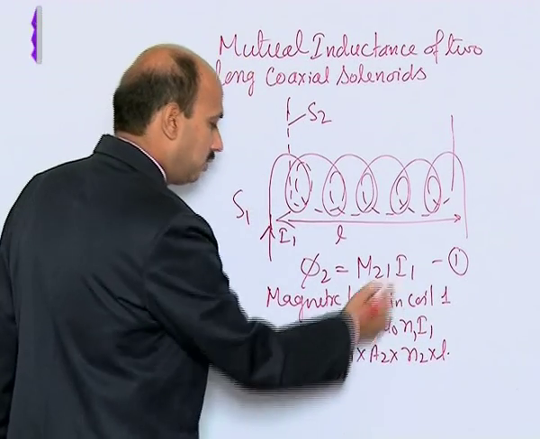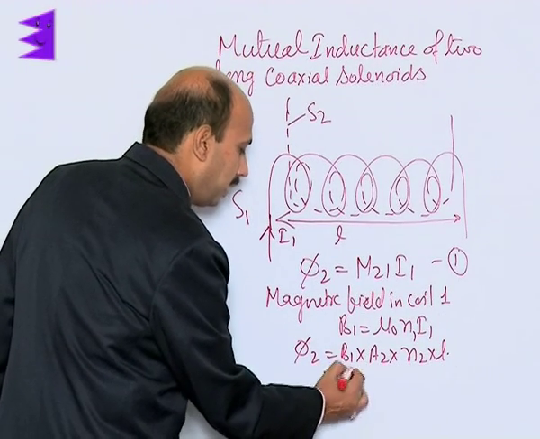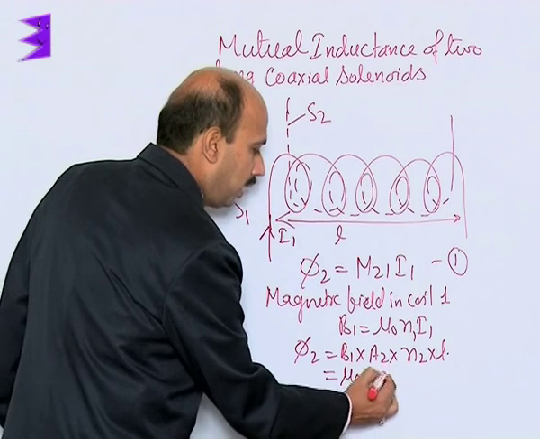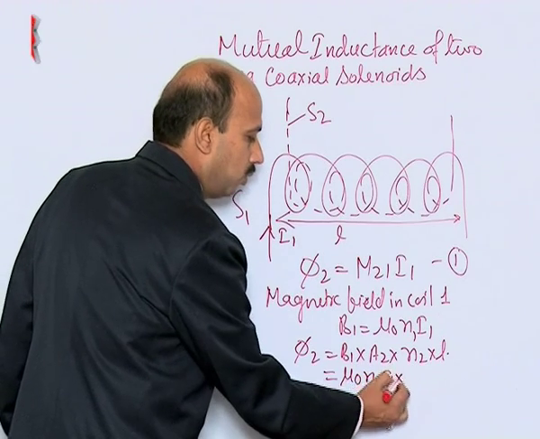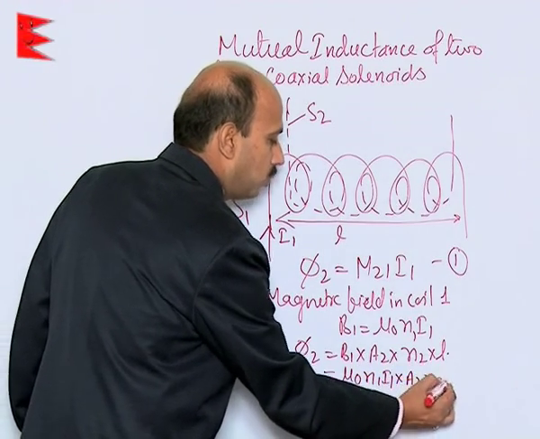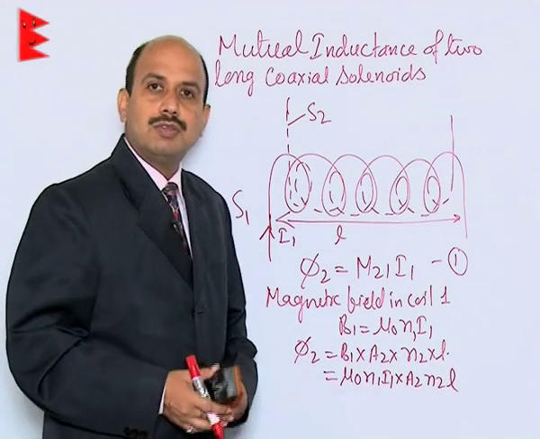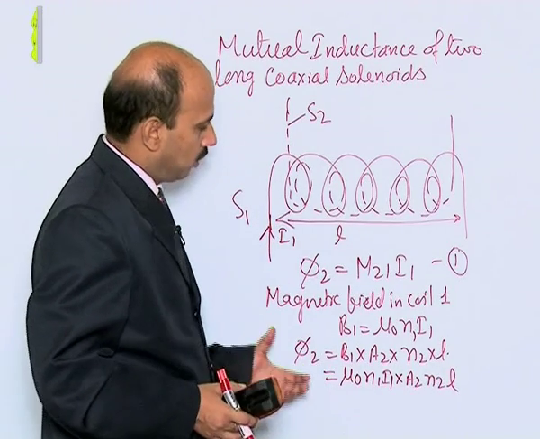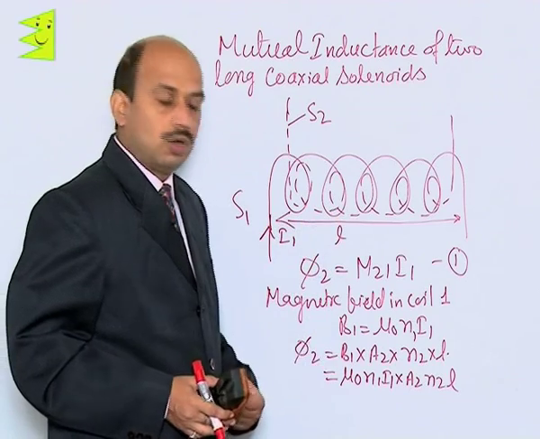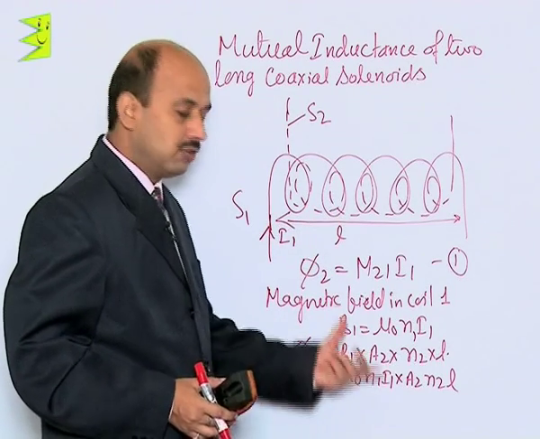Putting in the value of B1, that becomes mu naught N1 I1 into A2 into N2 L, where A2 is the area of cross section of the solenoid S2. So, you have calculated these two.